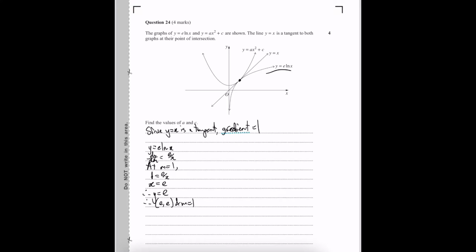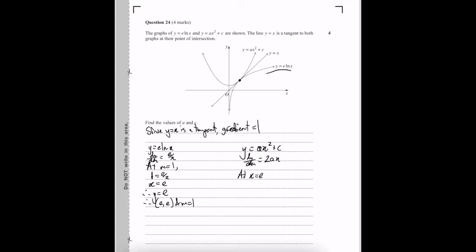On top of that, we now need to bring in the parabola, and through the parabola we then need to get our values for a and c. So we know that y is equal to ax squared plus c, so that means dy/dx is equal to 2ax.